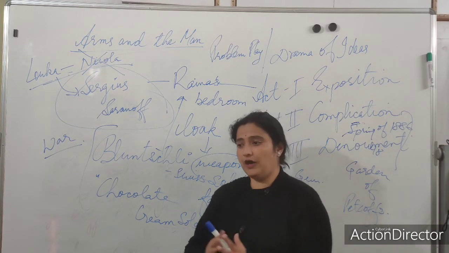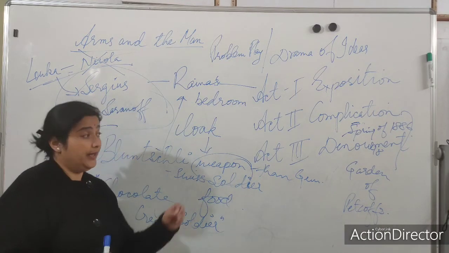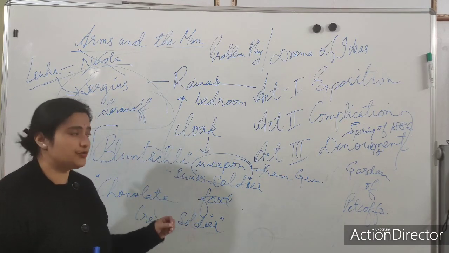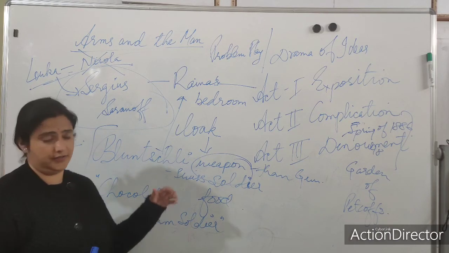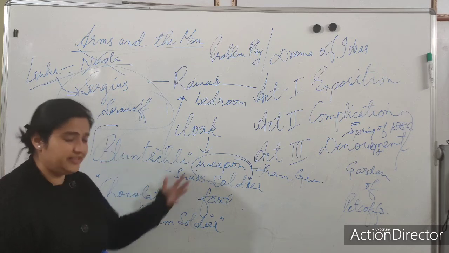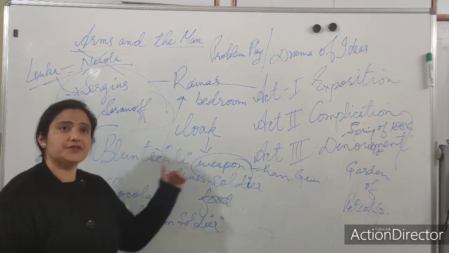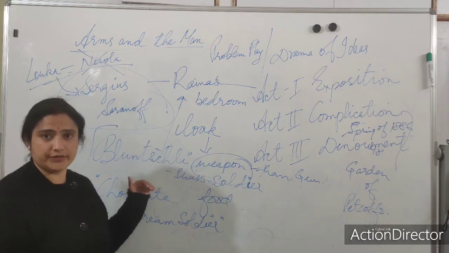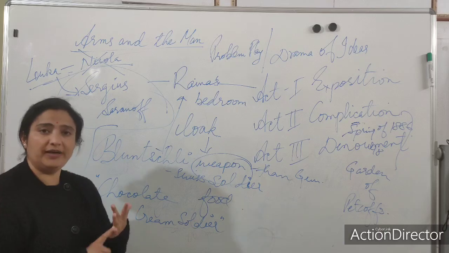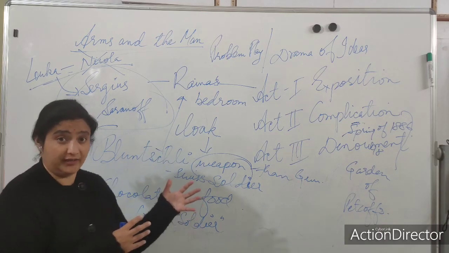Okay, so this is the storyline, and through the actions and dialogues of various characters, ultimately Shaw is focusing on the realistic problems of what war is all about, what romantic notions of love are there, even marriage for that matter.